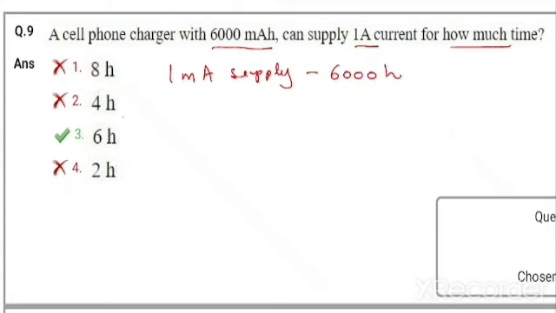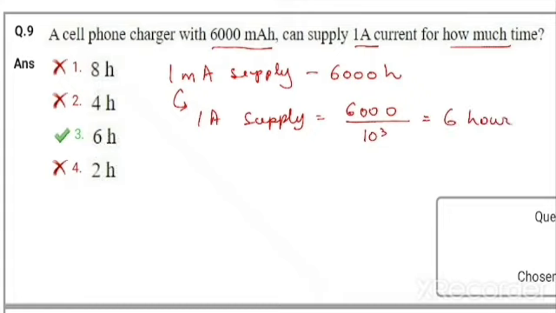If we multiply by 10 to the power 3, it will become 1 ampere supply. Then we must divide 6000 by 10 to the power 3. That will become 6 hours. So 1 ampere supply for 6 hours will give 6000 milliampere hour.